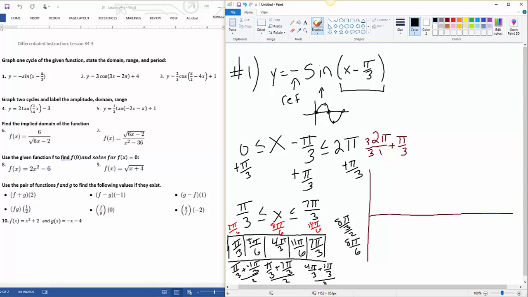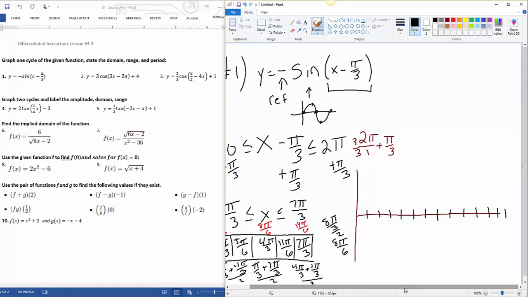So we'll say every tick is a pi 6. 5, 6, 7, 8, 9, 10, 11, 12, 13, and 14.